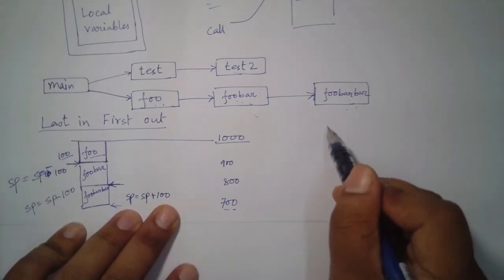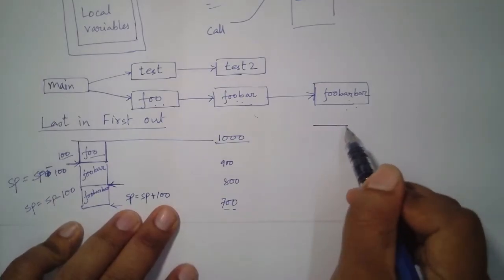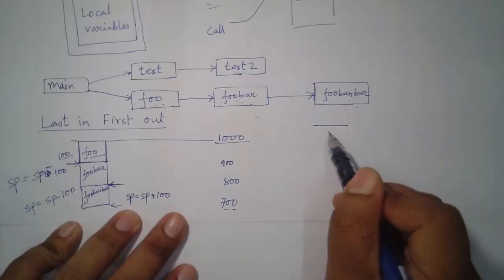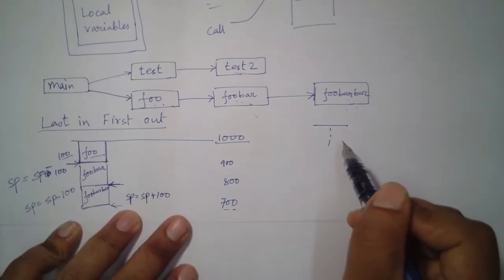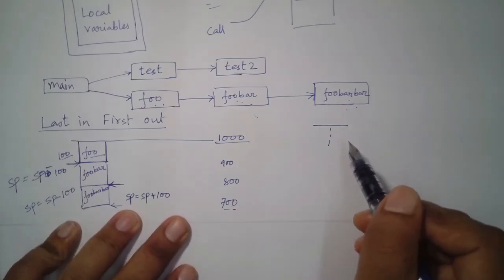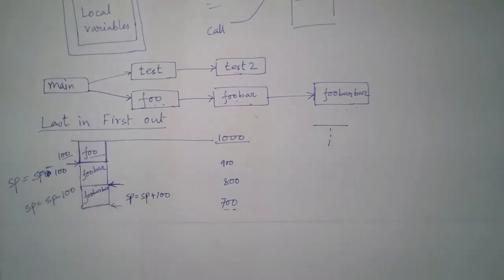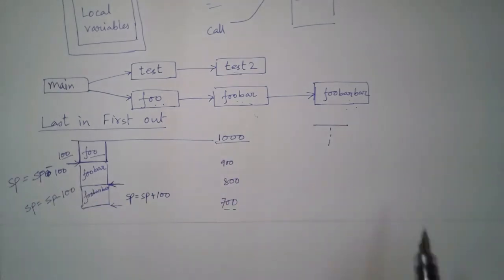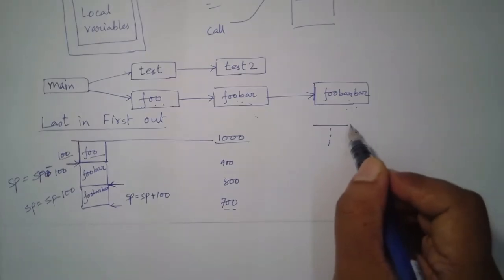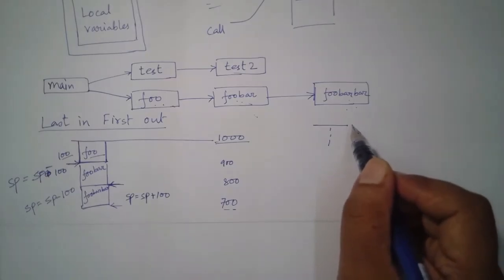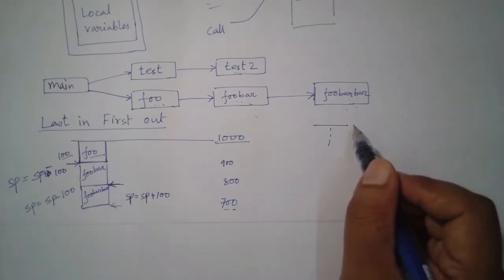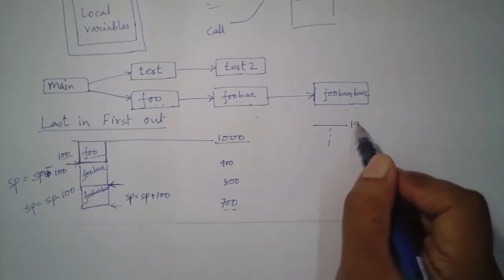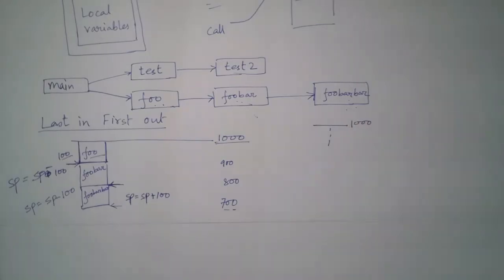So what we have said is that let us say this is my stack pointer, which is the highest address. As in our example, I have 1000 bytes as my stack, and this stack pointer now points to 1000 bytes, the highest location.